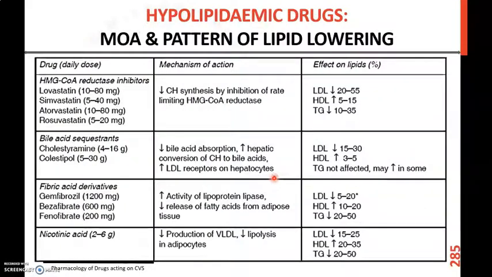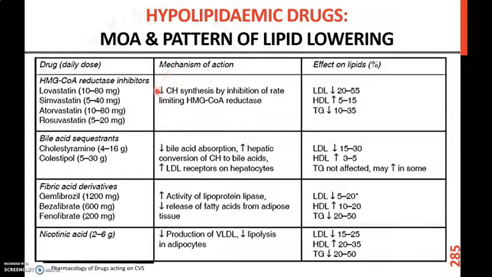Now coming to the mechanism of action and pattern of lipid lowering of different classes of drugs. First we can see the mechanism and effect on lipids by HMG-CoA reductase inhibitors like lovastatin, simvastatin, atorvastatin and rosuvastatin.